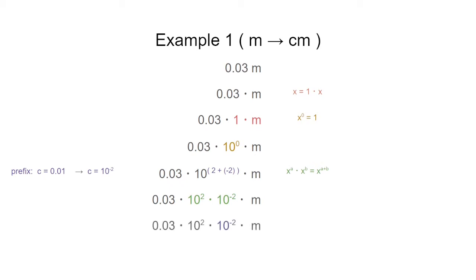We identify that we have 10 to the power minus 2, which is our prefix centimeter, or our scalar value. And we can finish up with the maths, do the calculation, and we see that we get 3 centimeters, which is consistent with the first video we did.